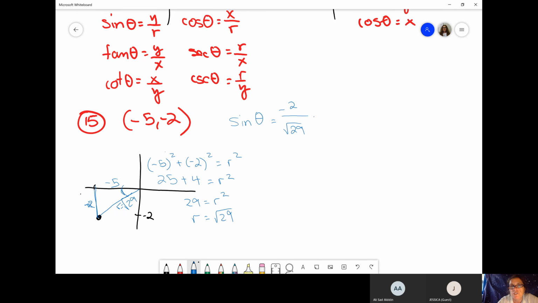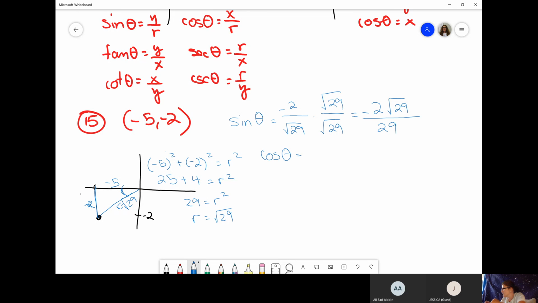Now you have to rationalize this square root of 29 by multiplying both sides by square root of 29, and you come up with -2 square root of 29 all over 29. What about the cosine of theta?